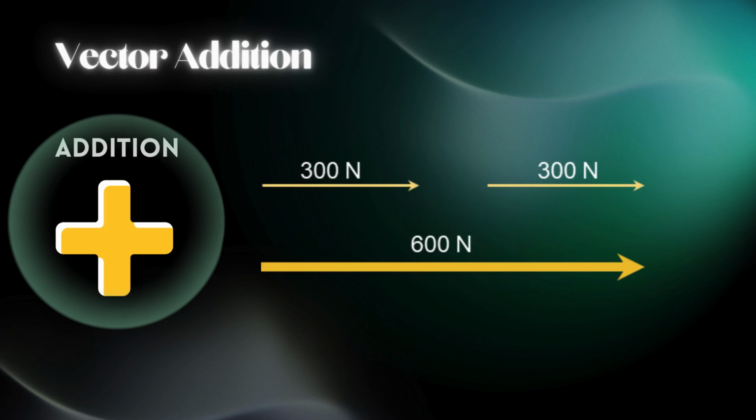Since they point in the same direction, we just add their magnitudes. 300 Newtons plus 300 Newtons is equal to 600 Newtons to the east. The length shows the magnitude. So that's why the line for the total vector addition, which is 600 Newtons, will be longer, because the length of the line is influenced by the magnitude of the vector. Easy, right?